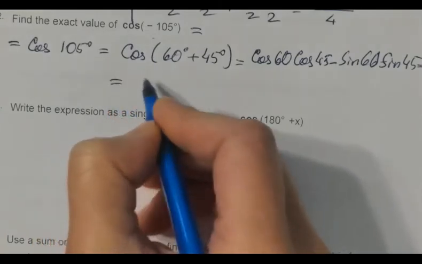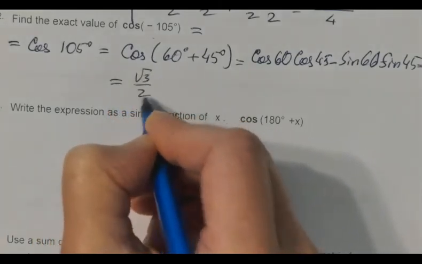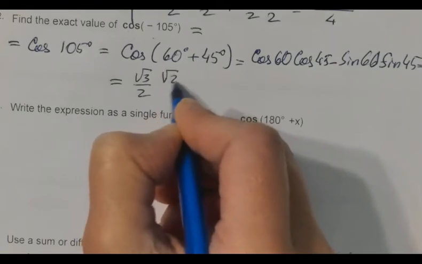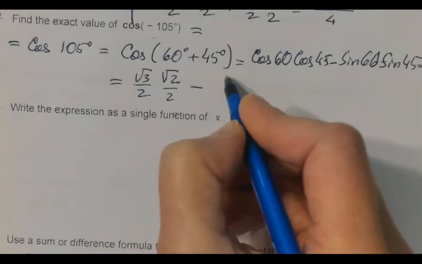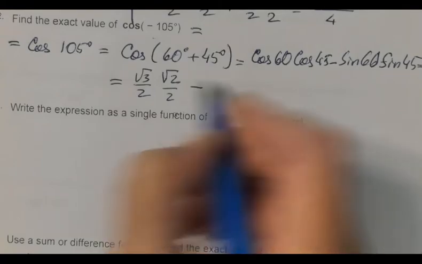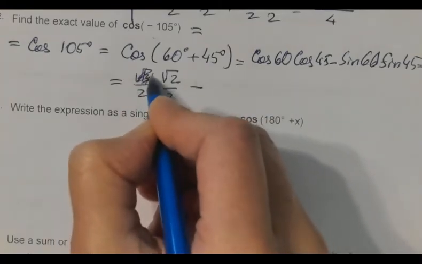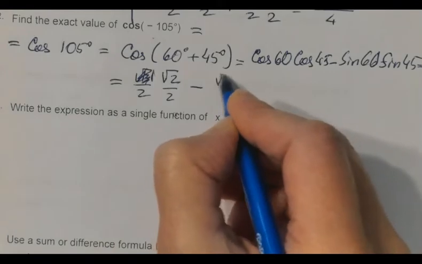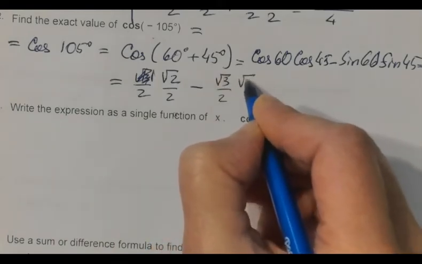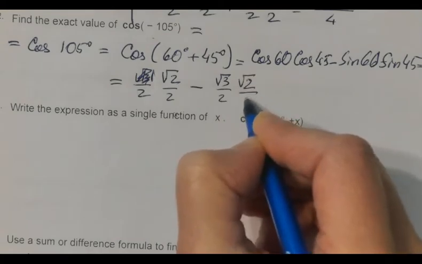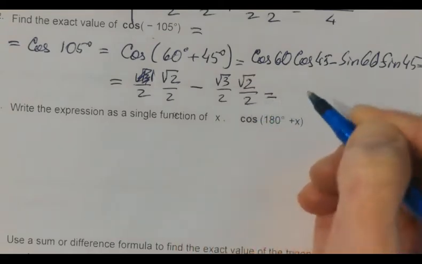Cosine of 60 is 1/2, cosine of 45 is square root of 2 over 2, minus sine of 60, square root of 3 over 2, and sine of 45, square root of 2 over 2.